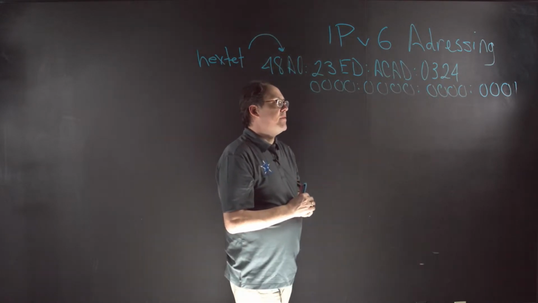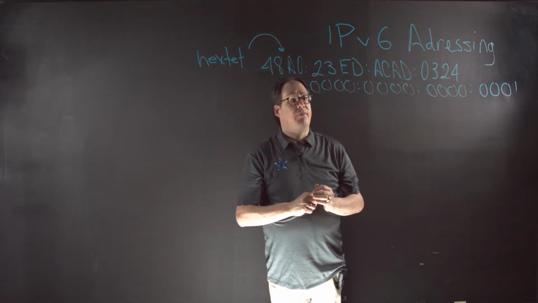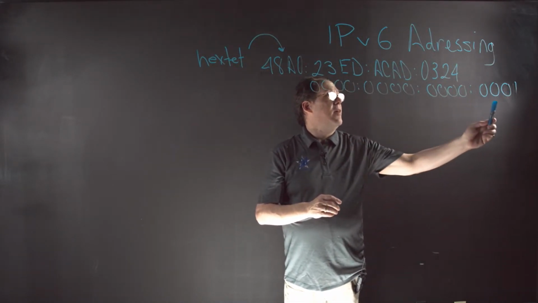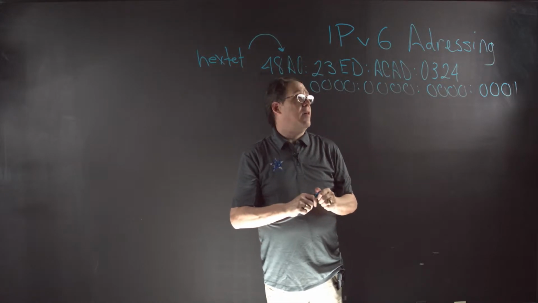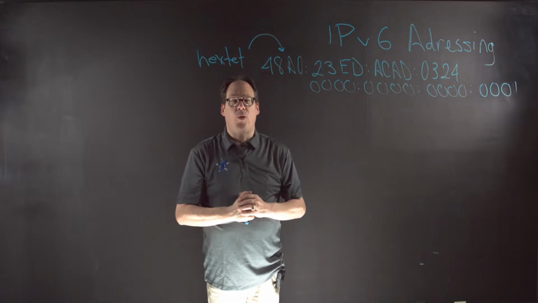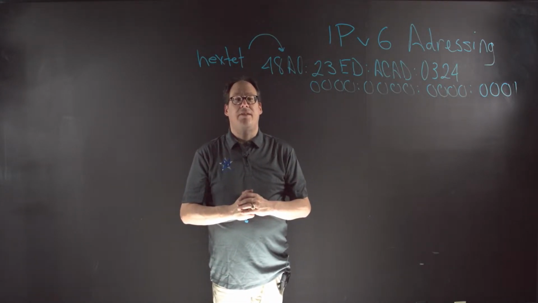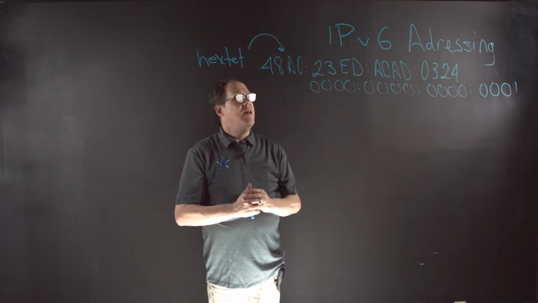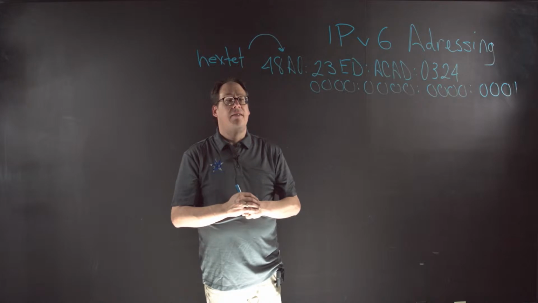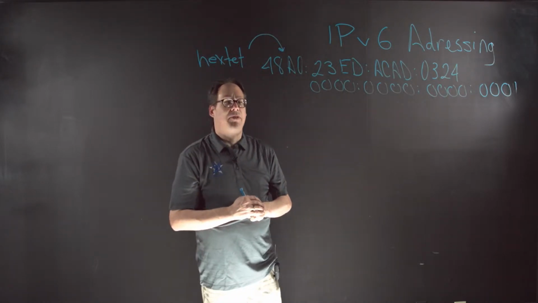This address is 128 bits long, whereas our IPv4 address is composed of 4 8-bit segments totaling 32 bits. This particular address is composed of 8 16-bit segments totaling 128 bits.